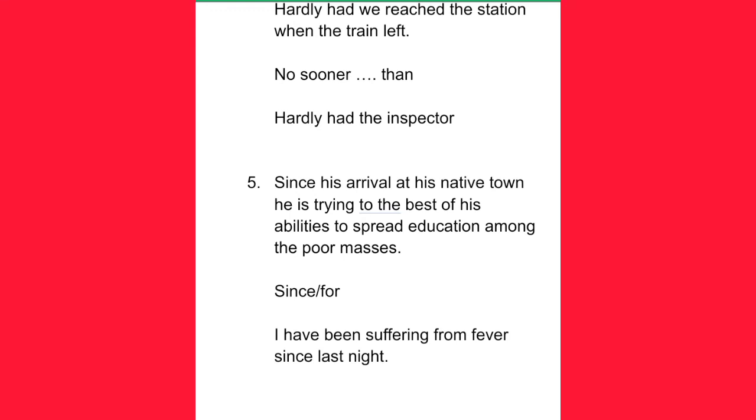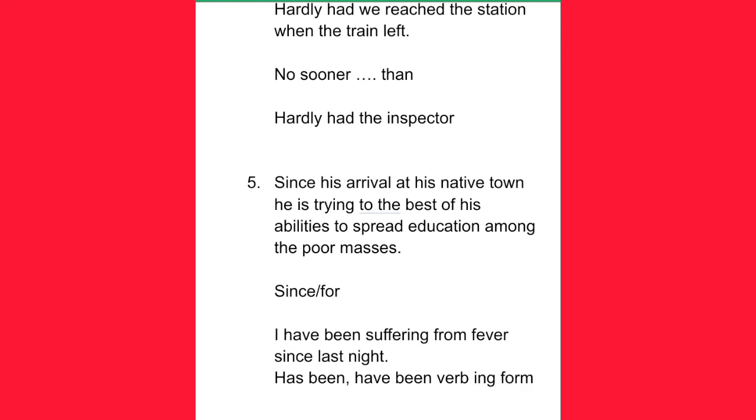Why? Because it tells you one thing, that words like since and for will be used always in the perfect continuous tense. You getting it? This is perfect continuous tense. They will be used only with has been, have been, plus verb ing form.